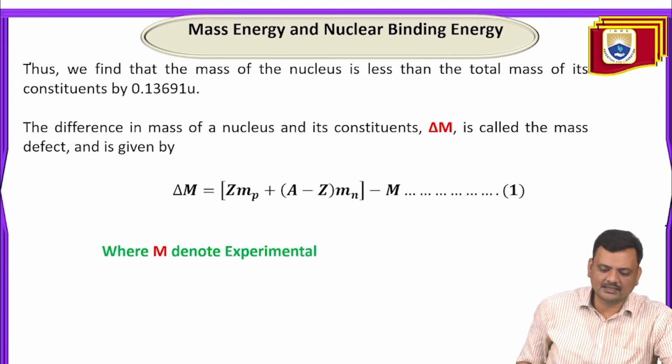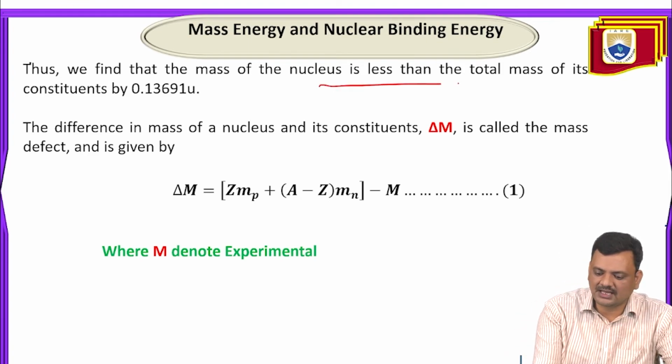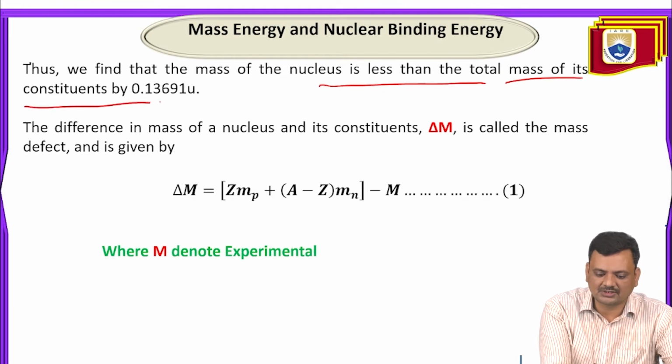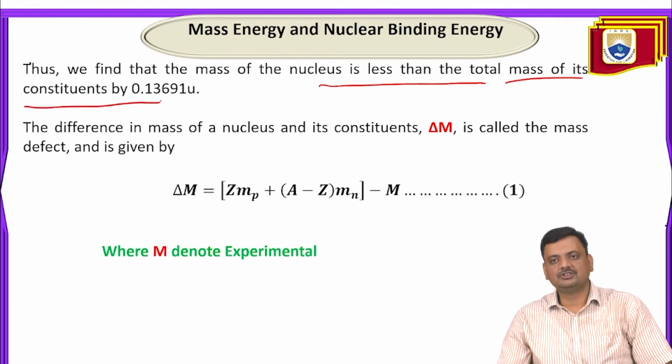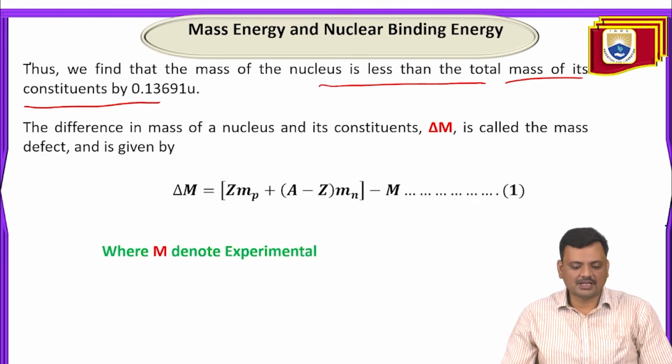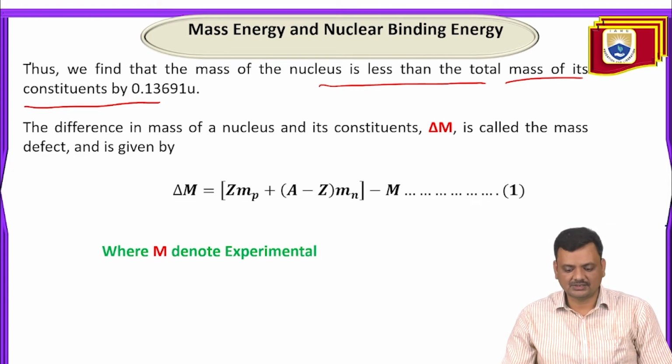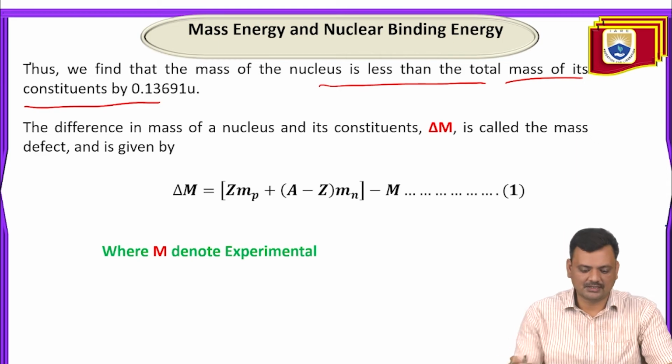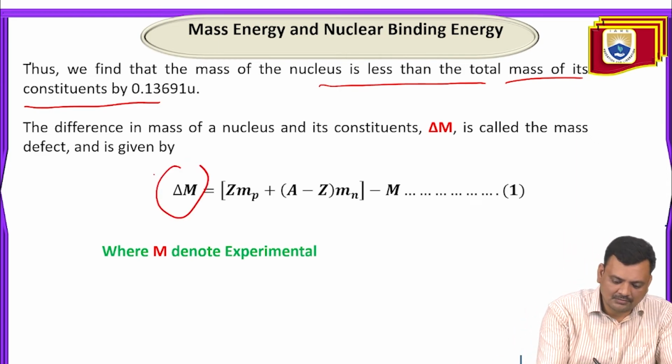Thus we find that the mass of the nucleus is less than the total mass of its constituents by 0.13691 U. The difference in mass of the nucleus and its constituents, delta M, is called the mass defect.